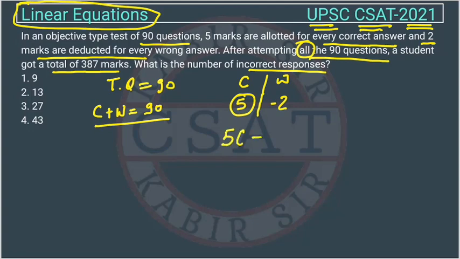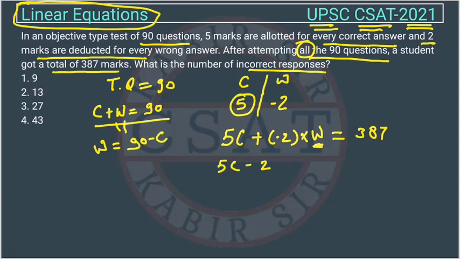But out of this there are negatives, so minus 2 into W for the wrong answers, and the total is equal to 387. So 5C minus 2W, where the wrong answer W will be 90 minus C. It becomes 5C minus 2 into (90 minus C) is equal to 387.